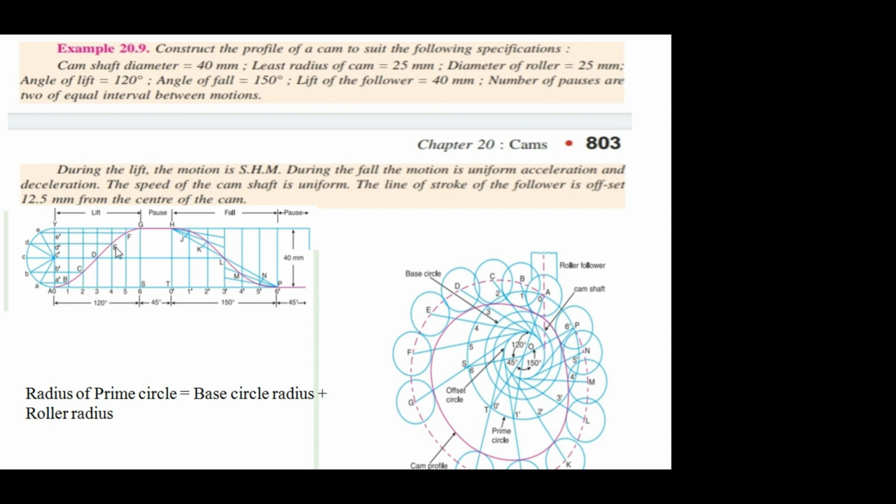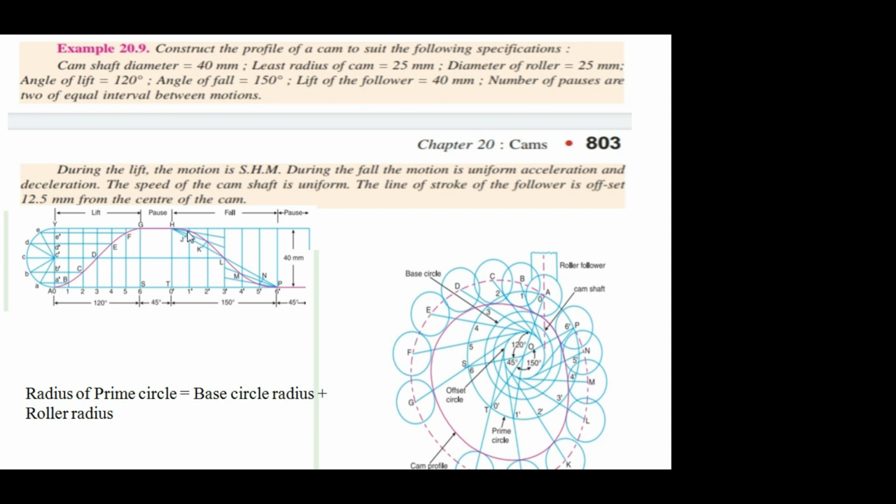While drawing the displacement diagram during the outstroke of the follower, that is during the rise of the follower, draw it with the construction of simple harmonic motion. We have seen already how to draw the displacement diagram by using simple harmonic motion. During return stroke, the follower has uniform acceleration and deceleration motion.